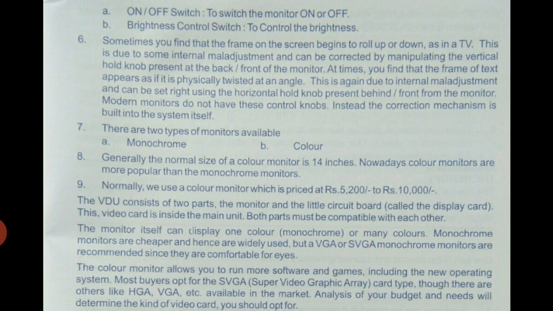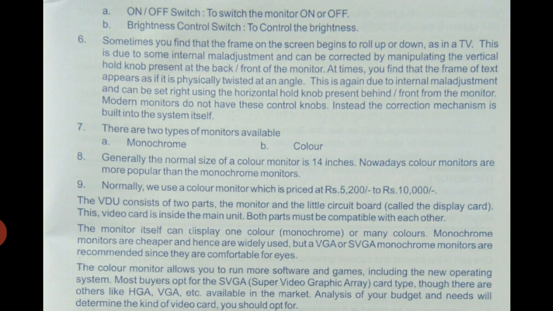The color monitor allows you to run more software and games. See, if you choose a color monitor, then it will allow you to use more software like games, etc. Including the new operating system, most buyers opt for the SVGA, that is Super Video Graphic Array card type, though there are others like HGA, VGA, etc. available in the market.